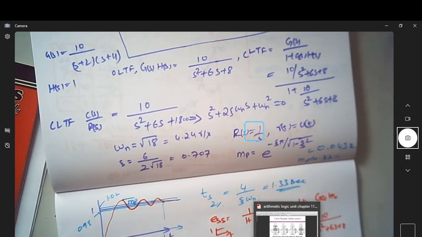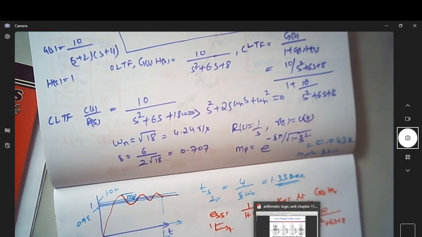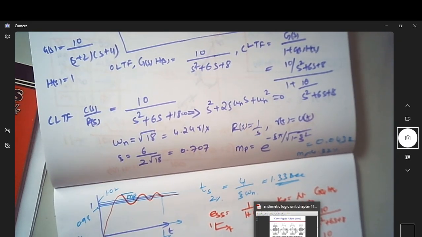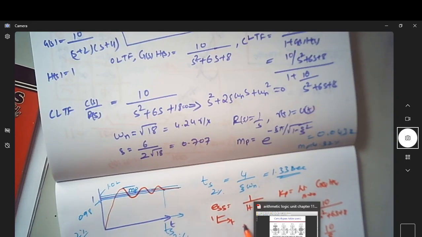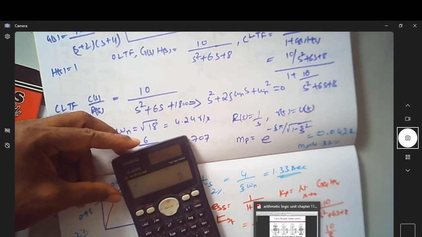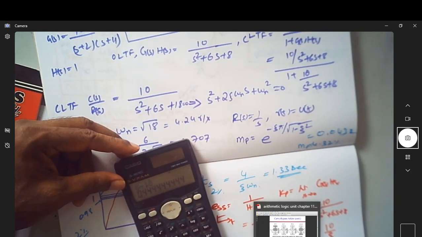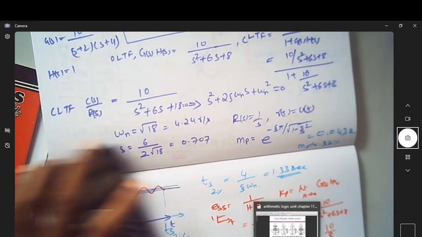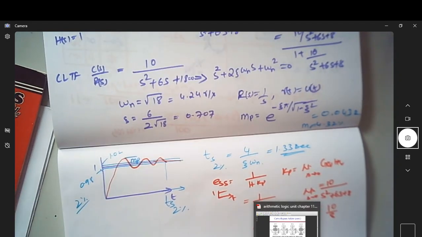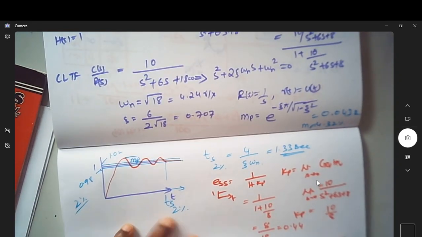You apply the limit of s tending to 0. Can you see now, this becomes 10 by 8, which is my Kp value. If you put it here, it is now 1 over 1 plus 10 by 8, which happens to be 8 by 18. Suppose you take this 8 by 18, it is 0.44. So this is the ESS value.